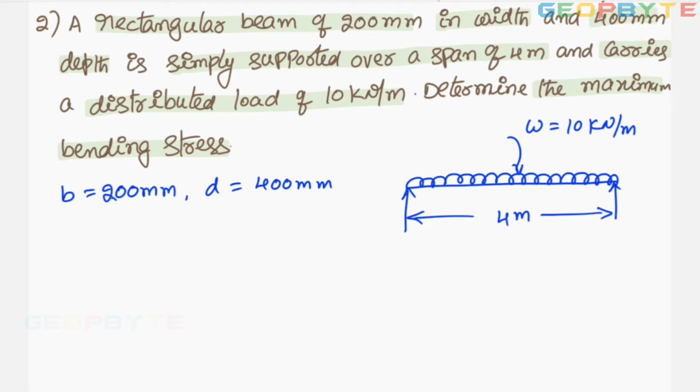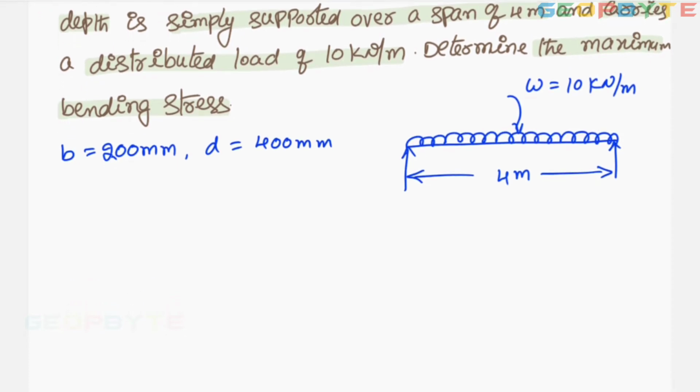For that, first let us find the general formula for maximum bending moment for the simply supported beam subjected to UDL over its entire length.